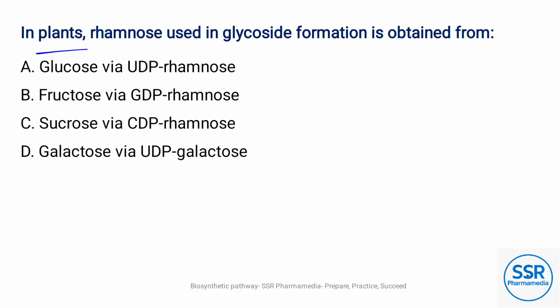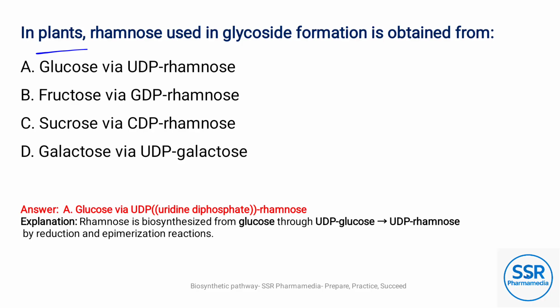In plants, the rhamnose used in glycoside formation is obtained from option A, glucose via uridine diphosphate rhamnose. So rhamnose is biosynthesized from glucose through uridine diphosphate glucose converted into uridine diphosphate rhamnose by reduction and epimerization reactions.